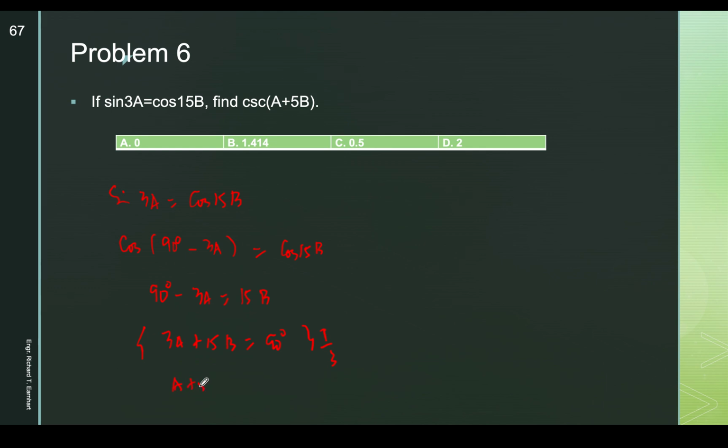So a plus 5b, and this is 30 degrees. Take note that this is a plus 5b, so we therefore have cosecant of 30 degrees, or that is 1 over sine 30 degrees.